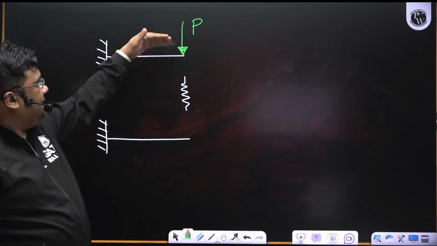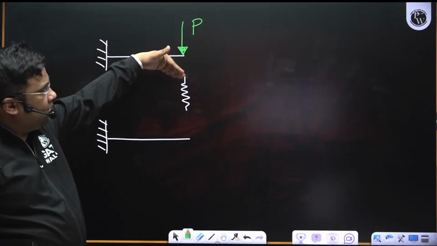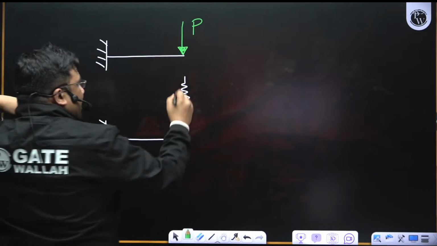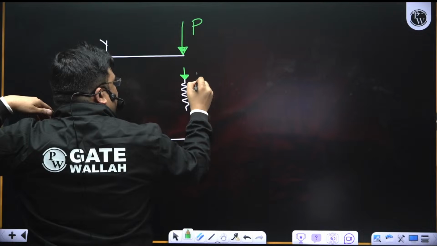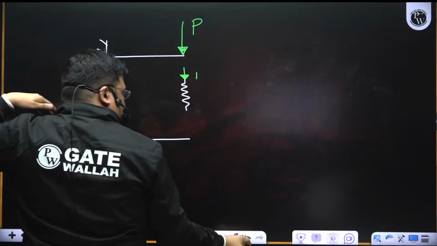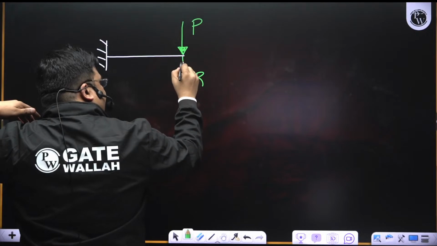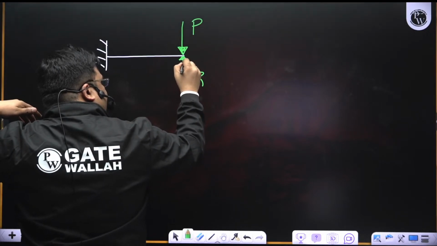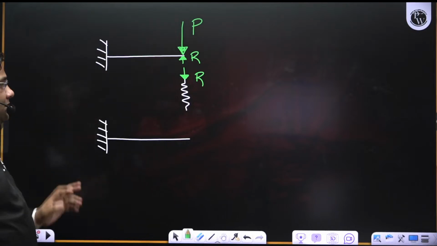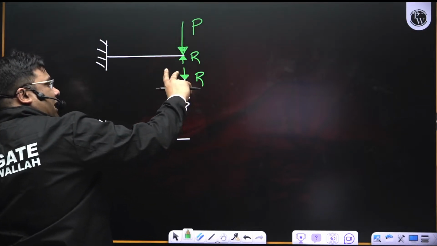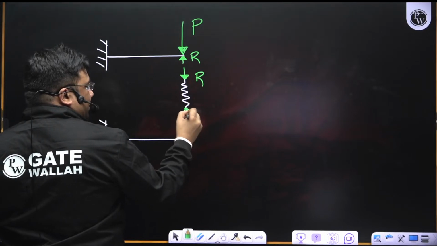Due to this P load, this beam will exert some force on the spring, and let that be R force, the reaction force R. And the spring will also exert an equal and opposite reaction force on this beam, right? Now, since the spring force has to be the same in the entire spring, here also there will be spring force.